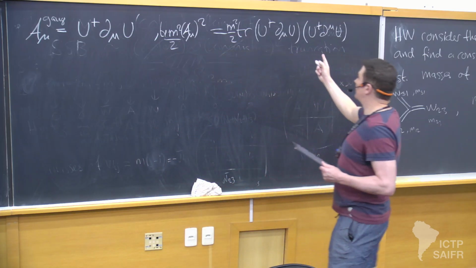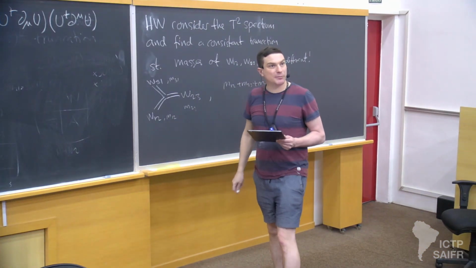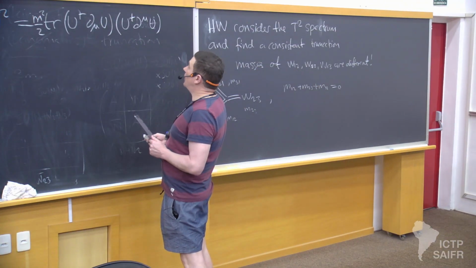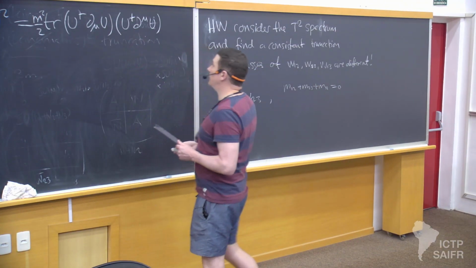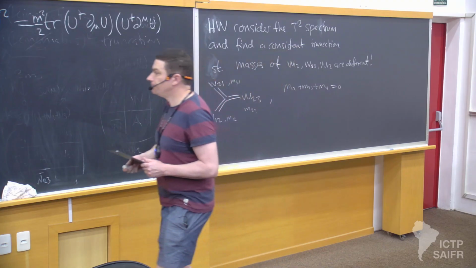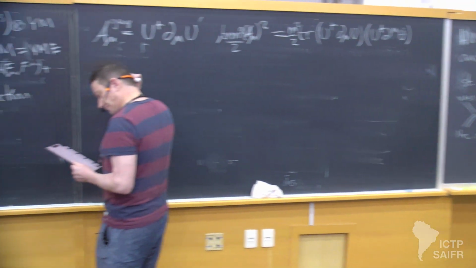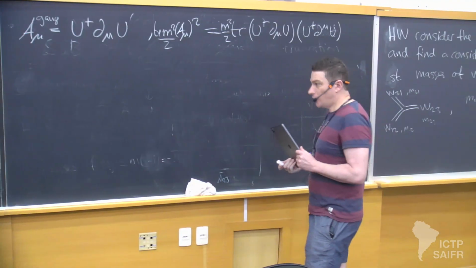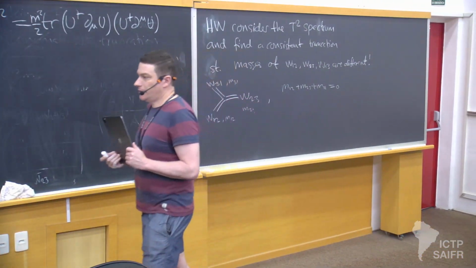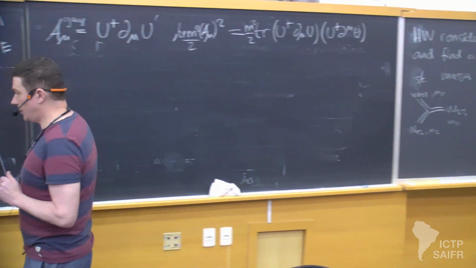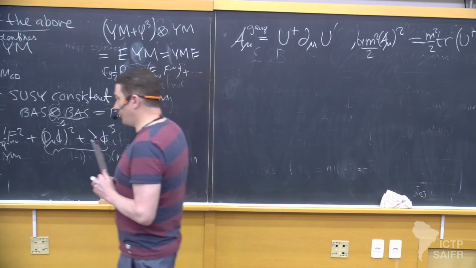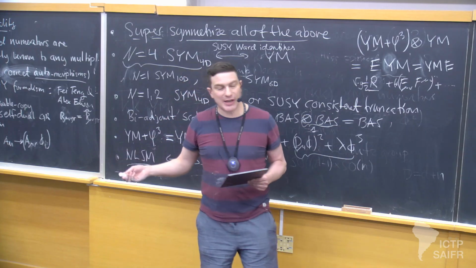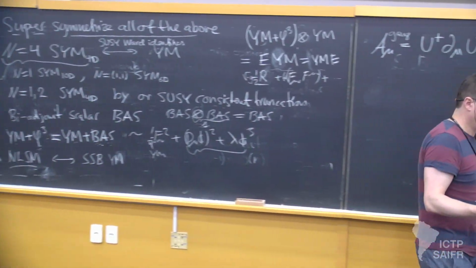And now you might see that this looks a lot like the nonlinear sigma model that I presented last lecture. I guess you just have to do some integration by parts and so on. Long story short, you can compute amplitudes in the nonlinear sigma models by recycling Yang-Mills numerators.